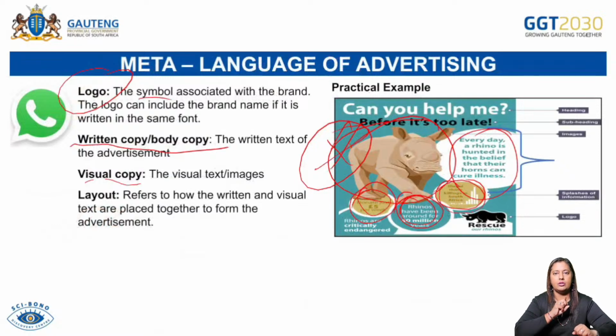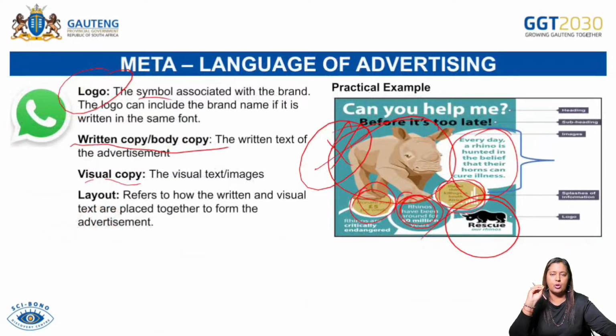So he is the focal point, or she, it could be a female as well, because the rhino is obviously in danger in this particular advert, and we're trying to stop the carnage that is going on with the killing of the rhinos, okay? And then "Rescue our rhinos" obviously is that important catchphrase that they work with there, where they attract our attention.